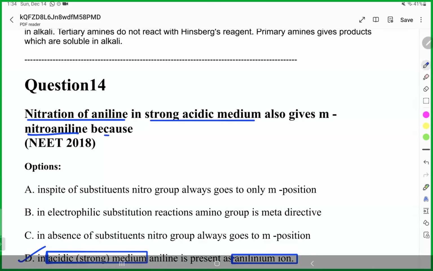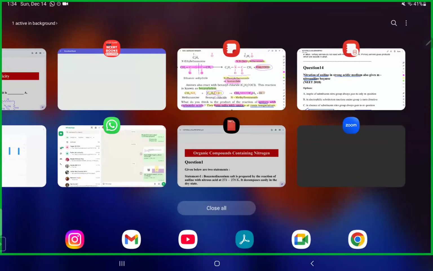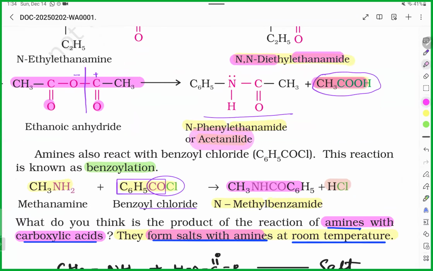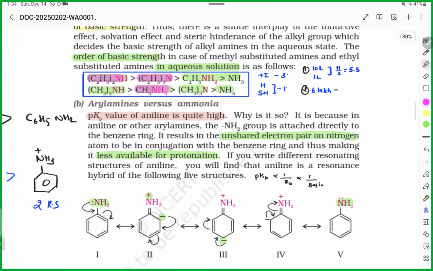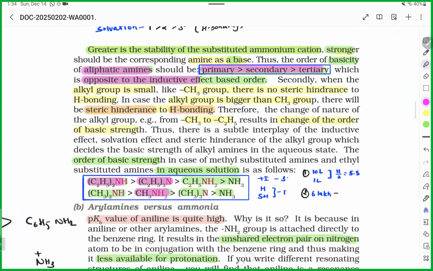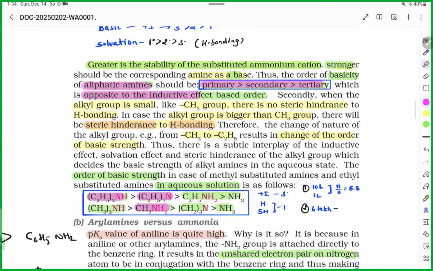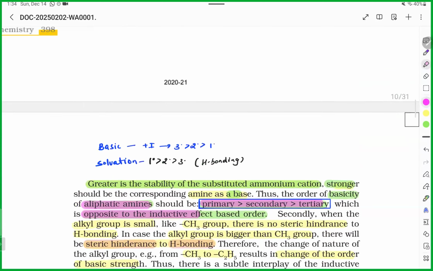I'll show you this. Look at this. What I was telling you, electrophilic.